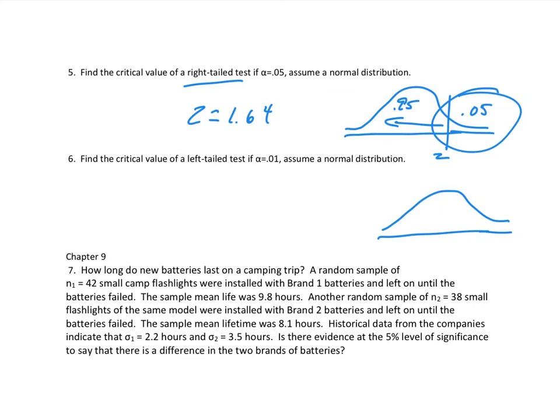The last one for the critical values, left tail test is down here. If alpha is 0.01, I just inverse norm my 0.01. That gives me a z-score of negative 2.33.